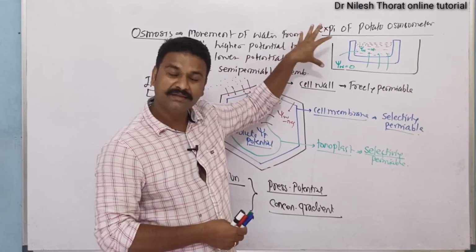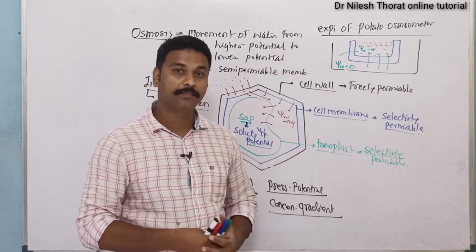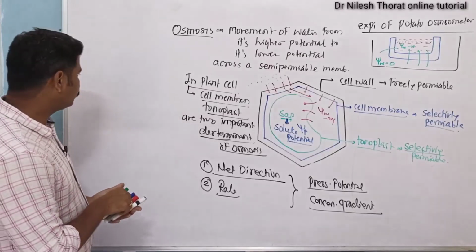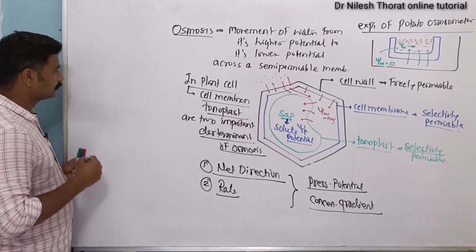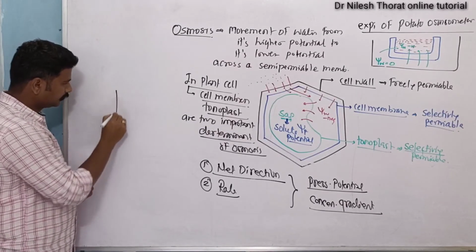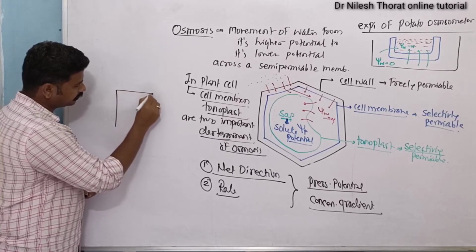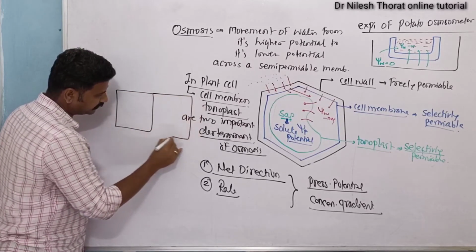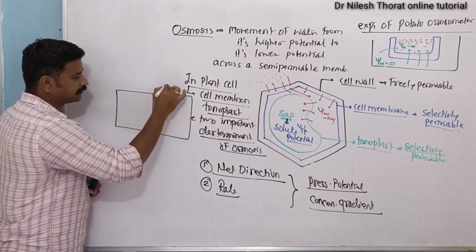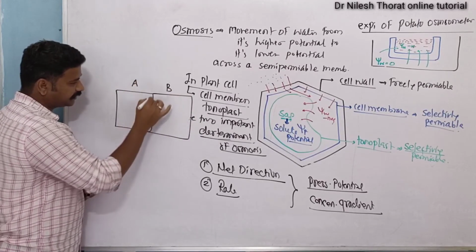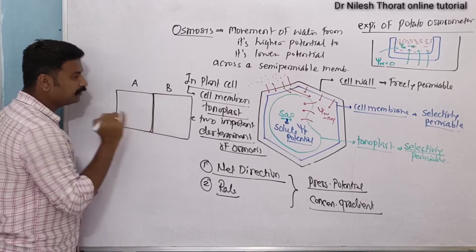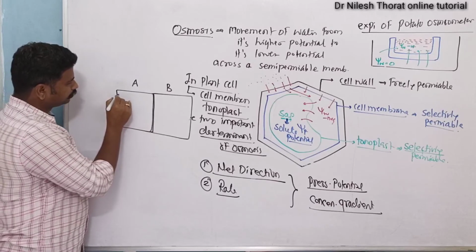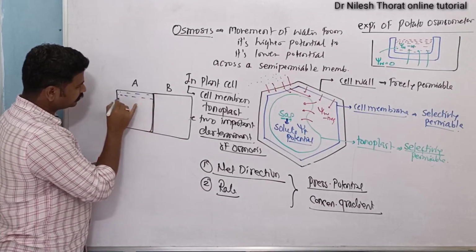Now to understand this particular condition in case of plant cell, we have to consider two separate systems. Let's say for example we are drawing these two systems. This is system A and this is system B, separated by a semi-permeable membrane, and both the systems will have water molecules.